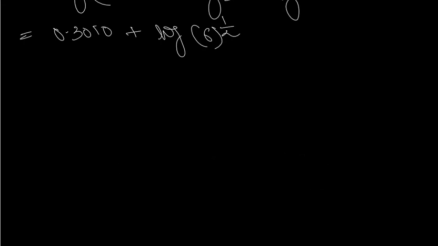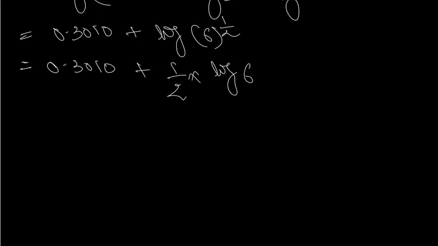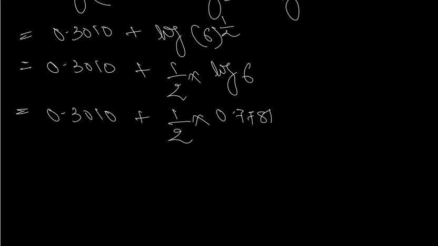Okay, so you know what I'm going to write? I'm going to write 0.3010 plus half into log of 6, power law. 0.3010 plus half multiplied by log 6, which is 0.7781, right?